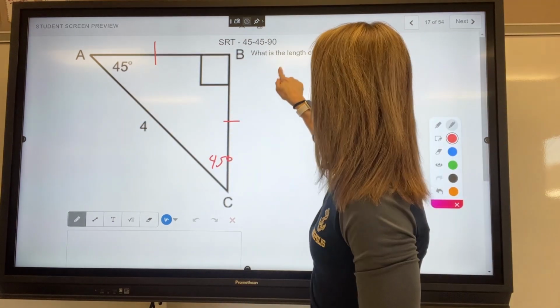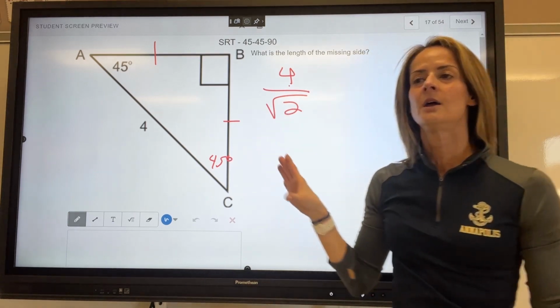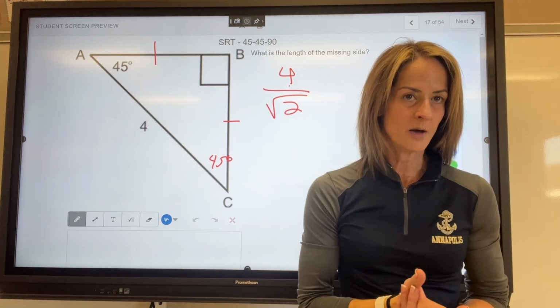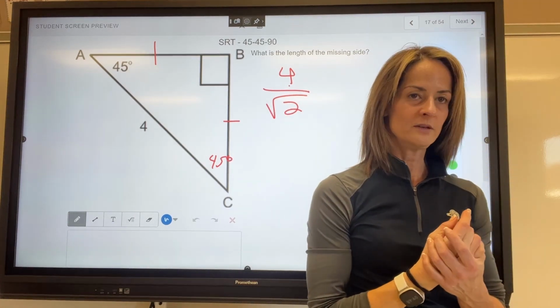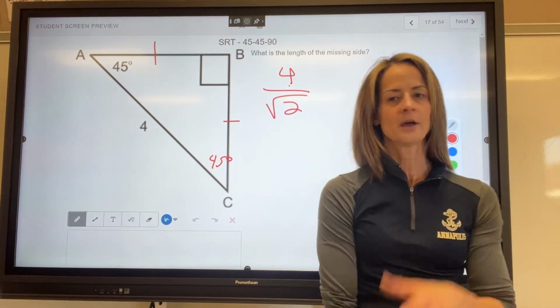So 4 divided by the square root of 2, we can't leave this way. We're going to have to rationalize the denominator. It's been a bit since we've done this, and let me show you again, and you're going to be like, oh yeah, I kind of remember that.